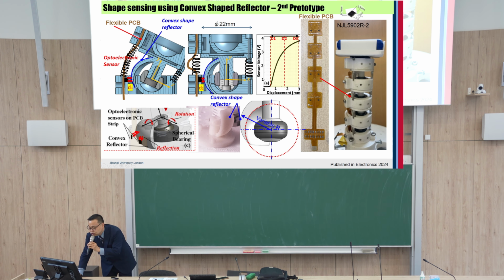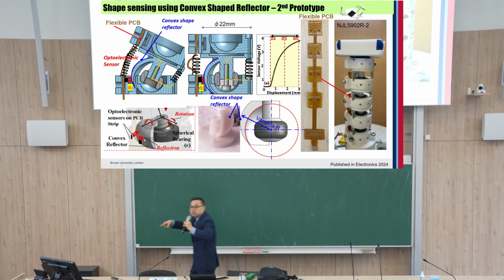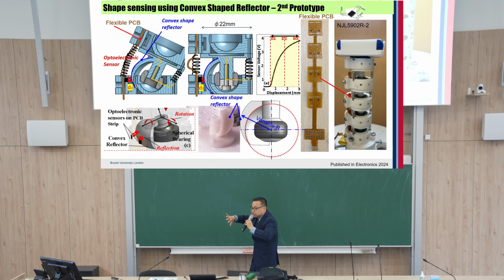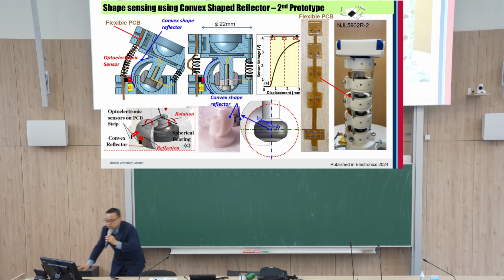Now this is one link, and this is another link. At the time, we used this convex shape reflector, and these 2 optoelectronic sensors can measure distance between this convex reflector and here. This is the optoelectronic sensor.